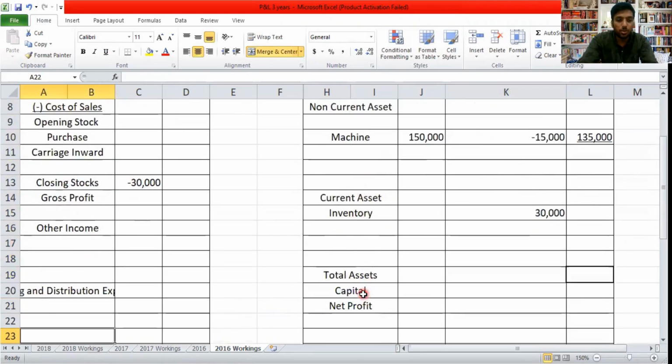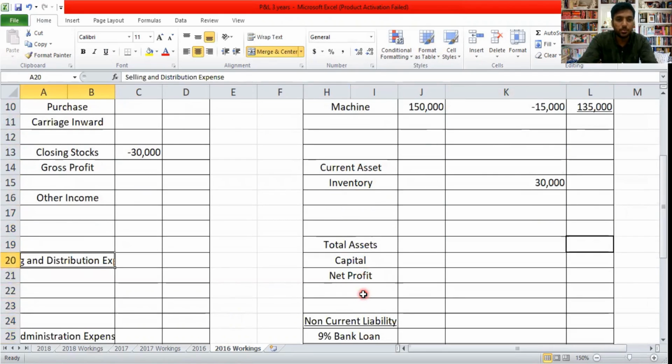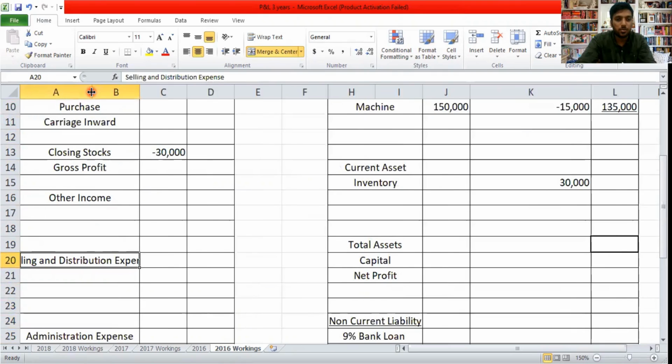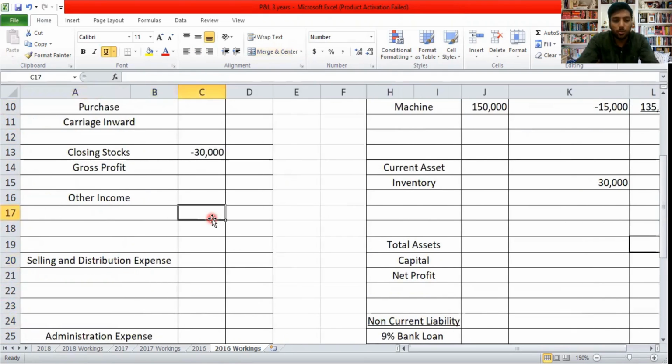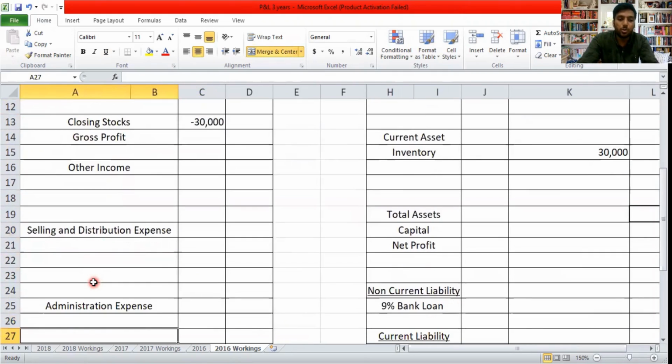Then I move on to the expenses. Selling and distribution expense. What is the expense? We can't take selling and distribution expense. In the earlier two papers, 2018 and 17, we did distribution. So we took it under distribution expense; the van is a distribution expense. So we took the depreciation under distribution expense.